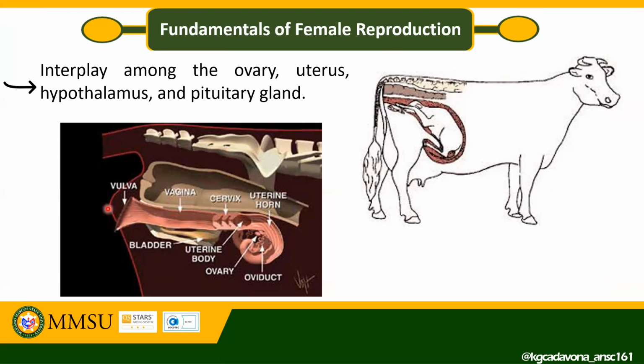Going back to my discussion, the reproductive function in the dairy cow involves interplay among the ovary, uterus, hypothalamus, and pituitary gland, primarily through the reproductive hormones that I will talk about later on. And if any of these tissues fail to communicate effectively with the others, then that is when infertility will occur.